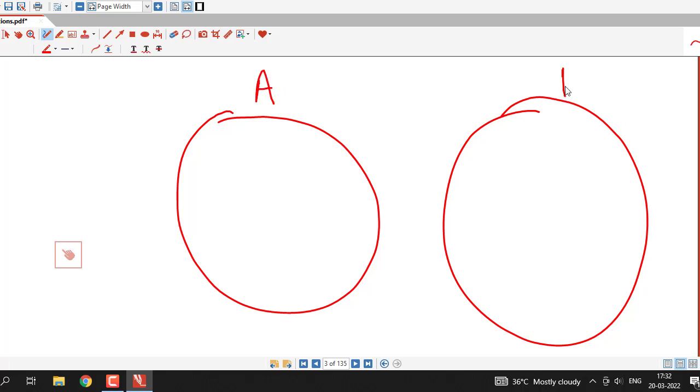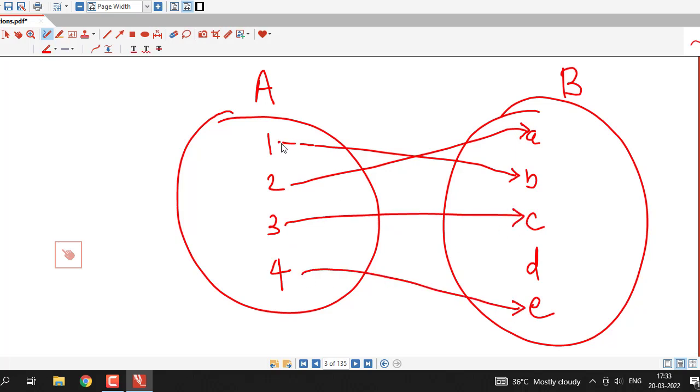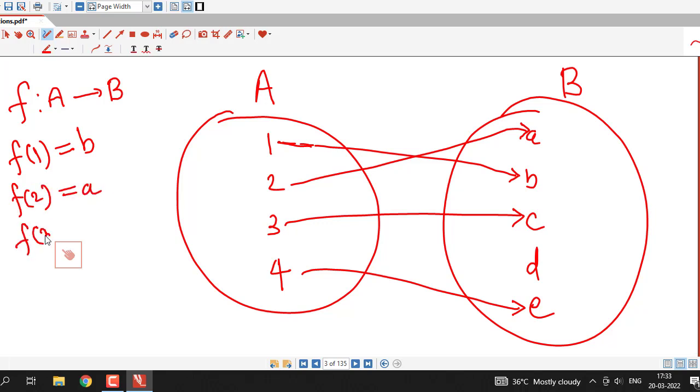Suppose this set is denoted by capital A, and this set is denoted by capital B. Here I consider these four natural numbers, and suppose the image of 1 is B, image of 2 is A, image of 3 is C, and image of 4 is E. So we consider a function f from a finite set A to another finite set B such that f of 1 is B, f of 2 is A, f of 3 is C, and f of 4 is E.